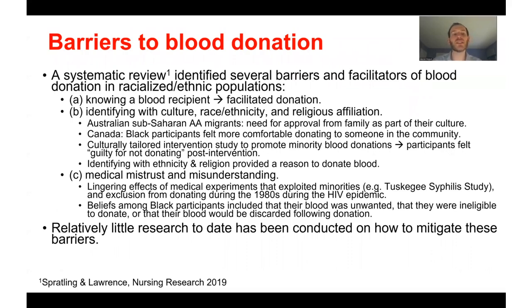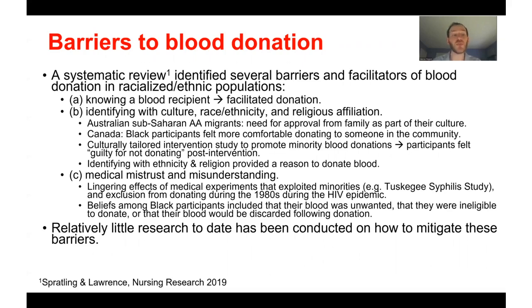This is a summary of a systematic review by Spratling and Lawrence from 2019, looking at barriers and facilitators of blood donation in racialized and ethnic populations. These authors scanned the literature and found that knowing the blood recipient facilitated donation for minority peoples, and identifying with culture, race, ethnicity, and religious affiliation facilitated donation.